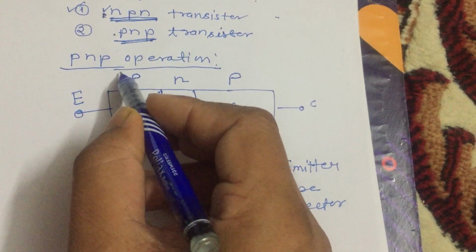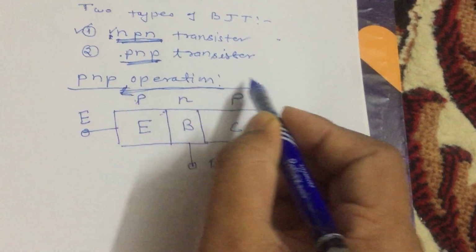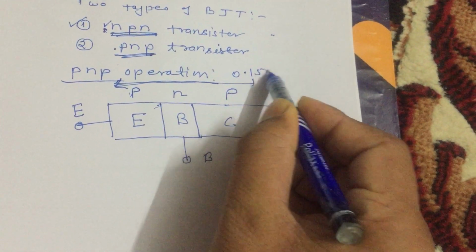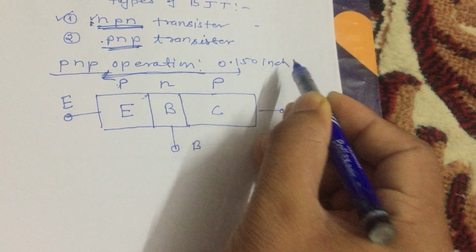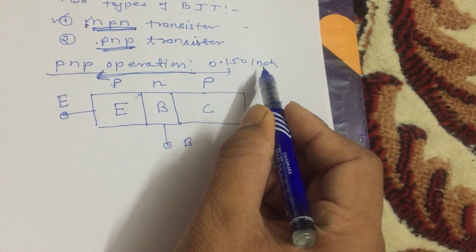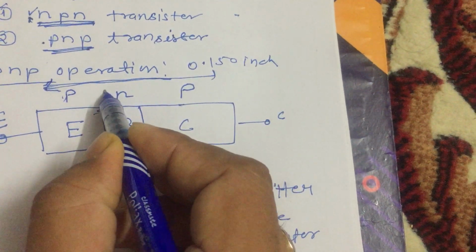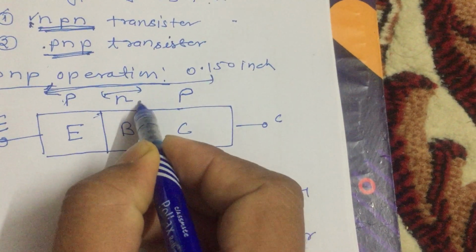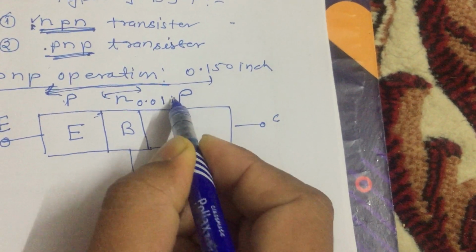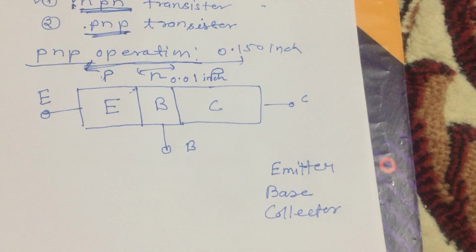If the total size of this transistor from emitter to collector is 0.150 inch, then the size of the base is very small, 0.01 inch. The base is much smaller than the whole size.